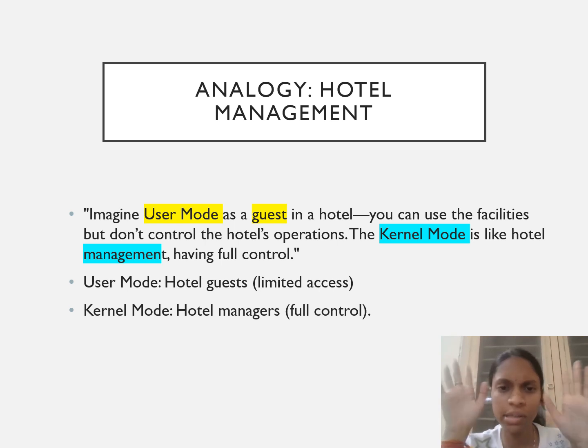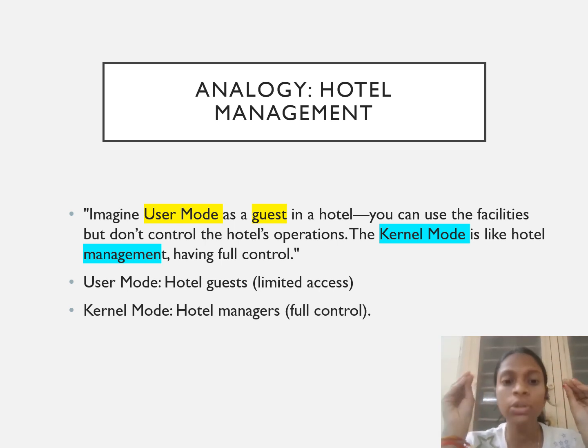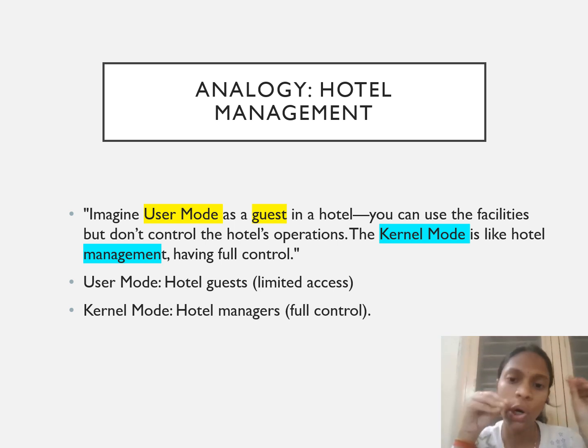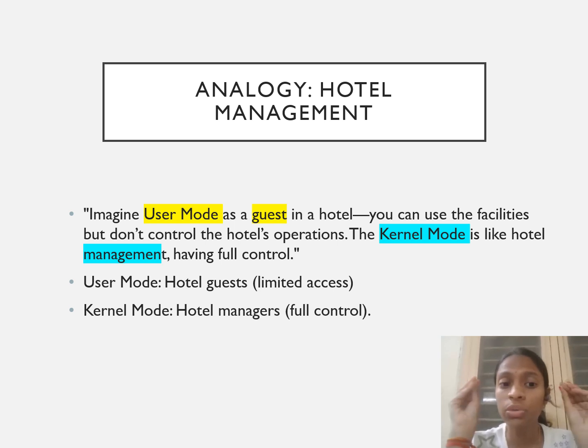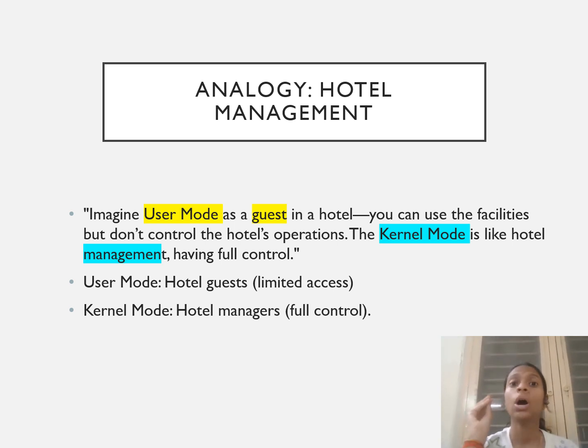I mean, guests visit some hotels, right? So, imagine user mode as a guest in a hotel, and you can use the facilities, but you cannot control the hotel's operations. I mean, a guest cannot control the hotel operations, right? Like user mode cannot control the hardware. In the same way, kernel mode is like hotel management, having full control.